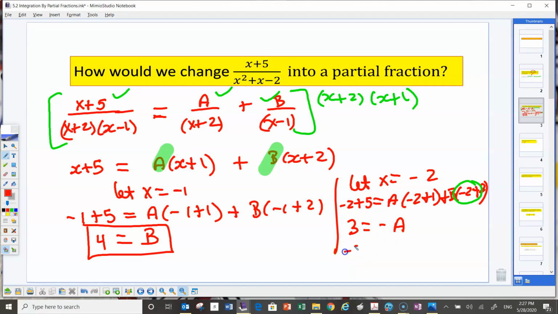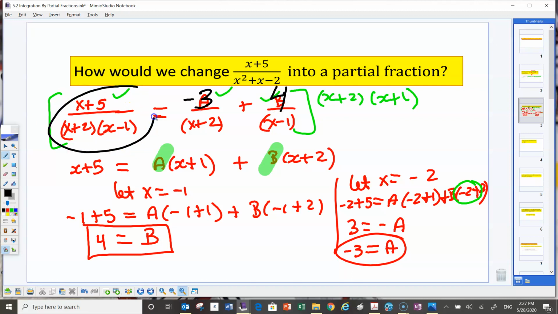If I divide both sides by negative 3, I get A is equal to negative 1. So as partial fractions, I could put negative 1 in here and 2 in there, and therefore I've written it as its two partial fractions.